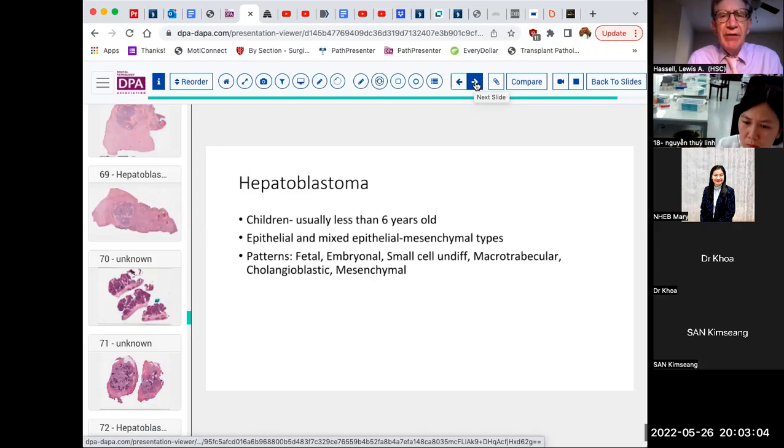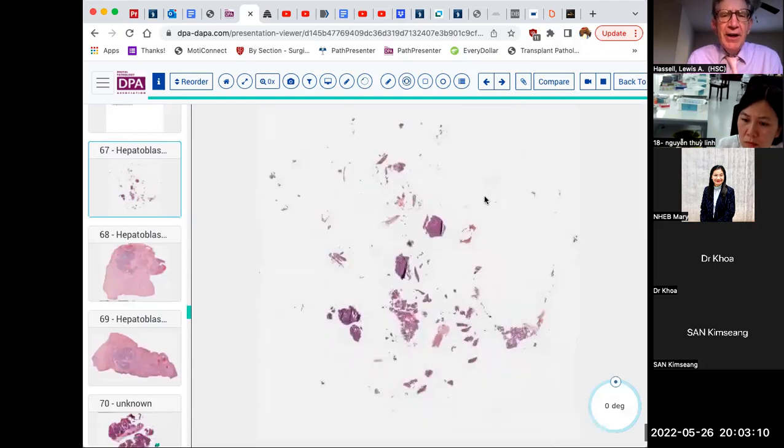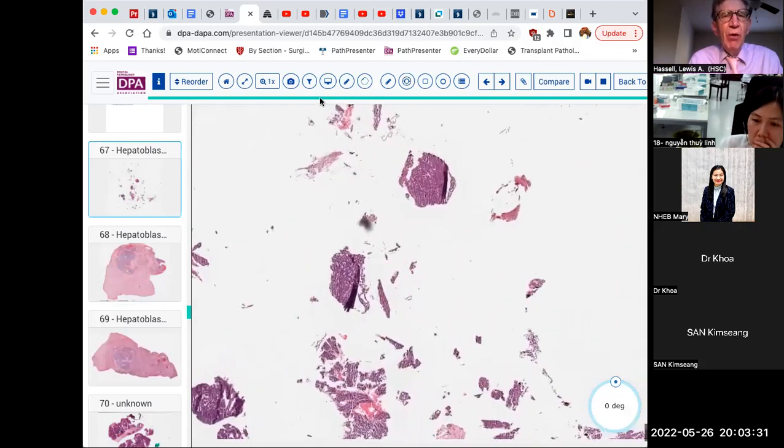So if I can be forgiven for not being a pediatric expert, at least I can refer you to one who is. Now, most of the time, the clinical and other features such as elevated AFP, young child, liver mass, isolated tumor, no other signs, are sufficient to generate the diagnosis. But sometimes a needle biopsy is performed.